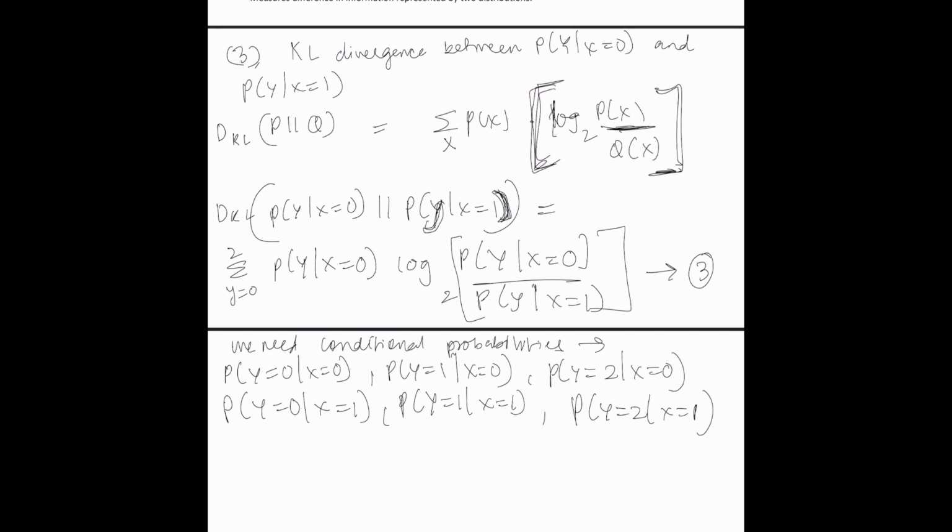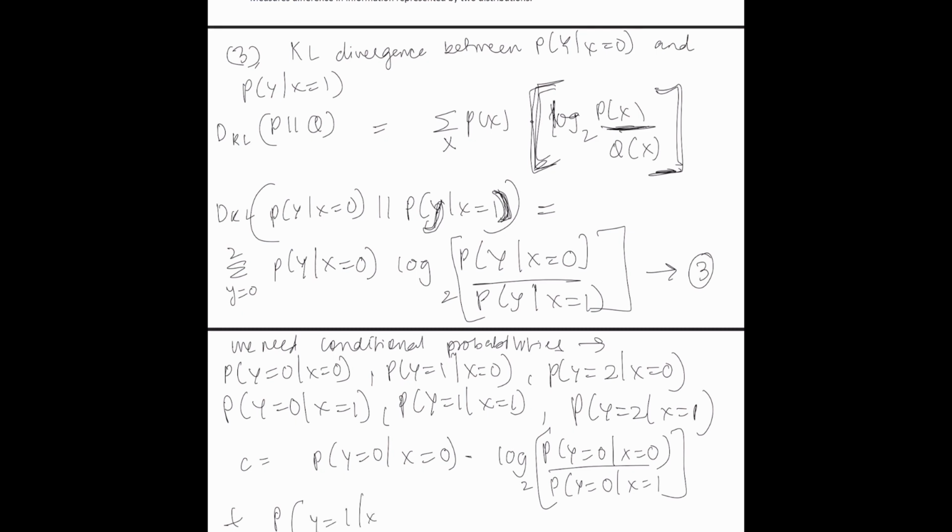So let's do that. Let's call the KL divergence C. So this will be p of y is equal to 0 given x is equal to 0 into log of p of y is equal to 0 given x is equal to 0 divided by p of y is equal to 0 given x is equal to 1, plus p of y is equal to 1 given x is equal to 0 into log of p of y is equal to 1 given x is equal to 0 divided by p of y is equal to 1 given x is equal to 1, plus p of y is equal to 2 given x is equal to 0 into log of p of y is equal to 2 given x is equal to 0 divided by p of y is equal to 2 given x is equal to 1.